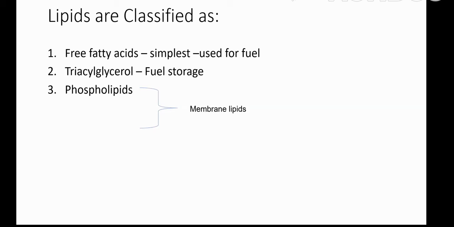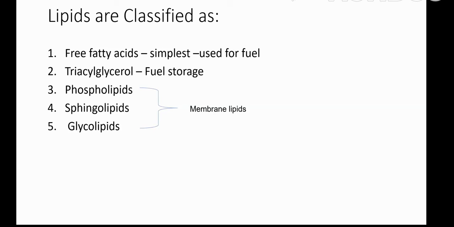Then third are phospholipids, sphingolipids, and glycolipids. All these three together are membrane lipids. They have moieties attached to them.